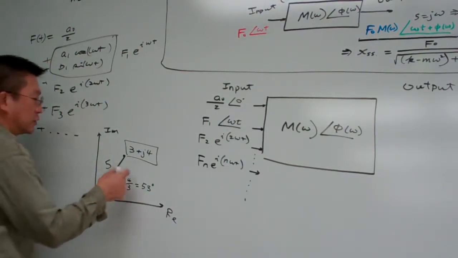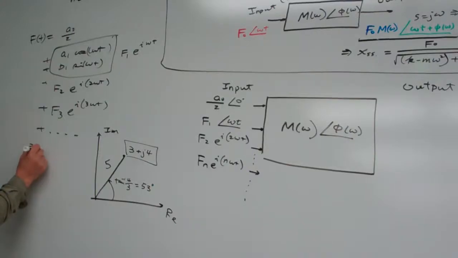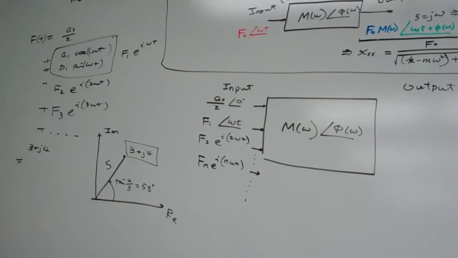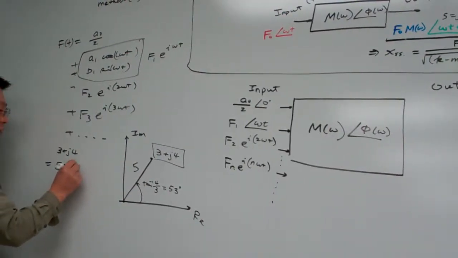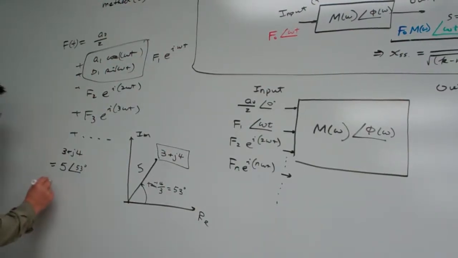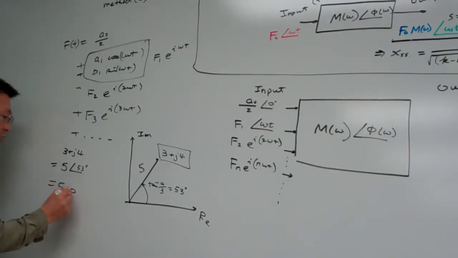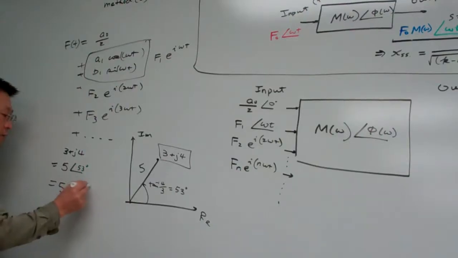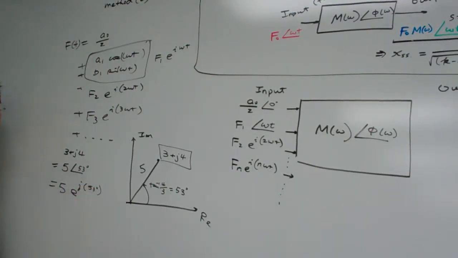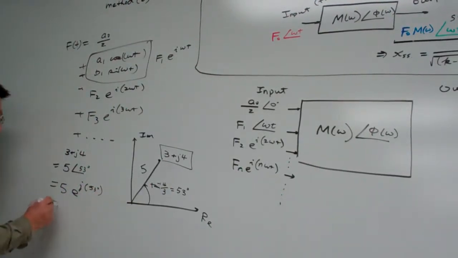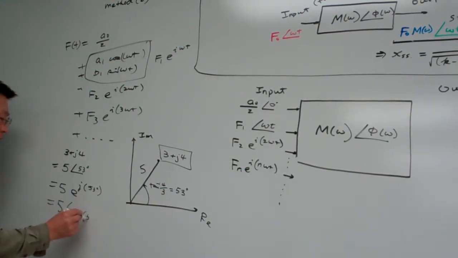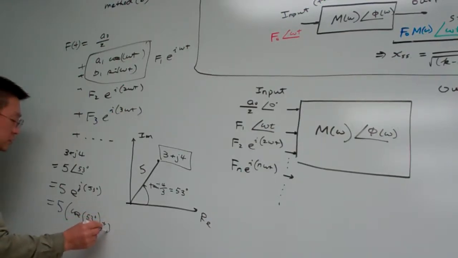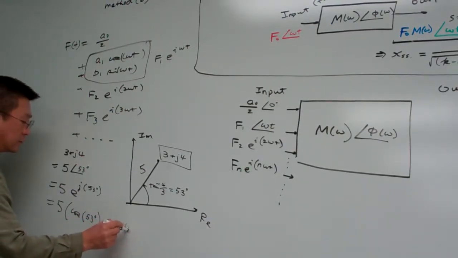For this one, 3 plus j4, we have quite a few different expressions. One is 5 times the phase angle, 53 degrees. Otherwise, you can express it as 5 times cosine 53 degrees plus j sine 53 degrees.